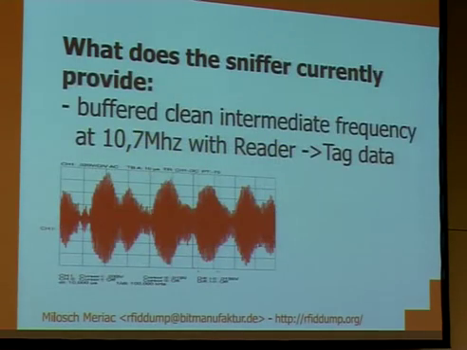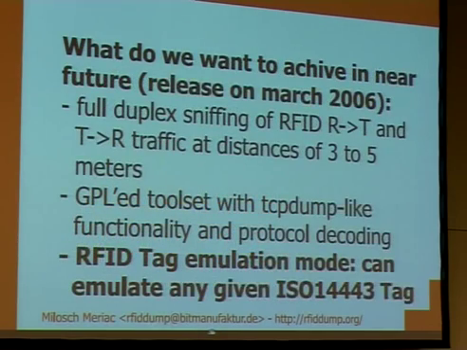These are the schematics. This is the current signal. You get a clean reader to tag data output, for example, which you can demodulate or do whatever you want with it. But it's absolutely clean. You don't have any noise because everything besides our signal is filtered out.